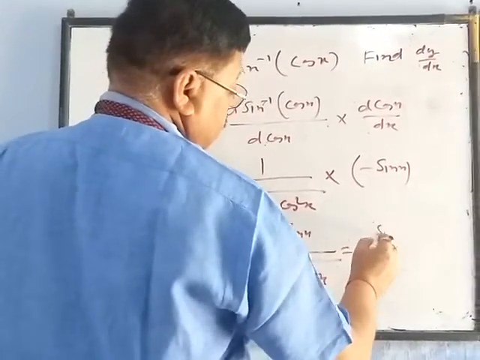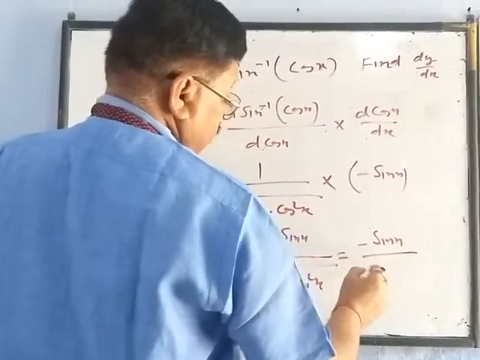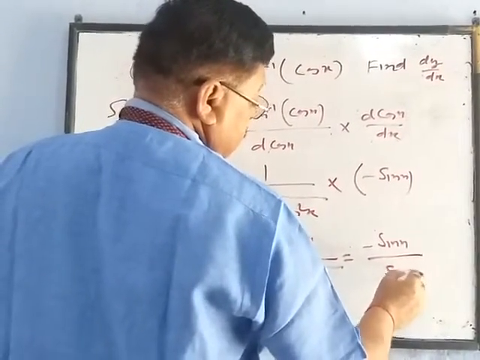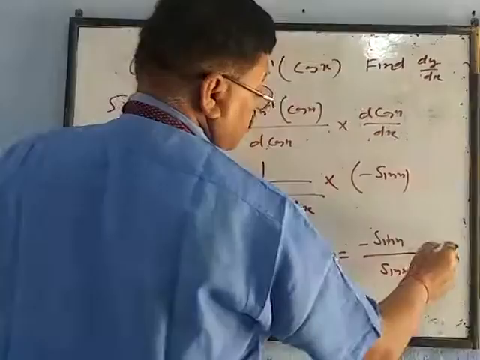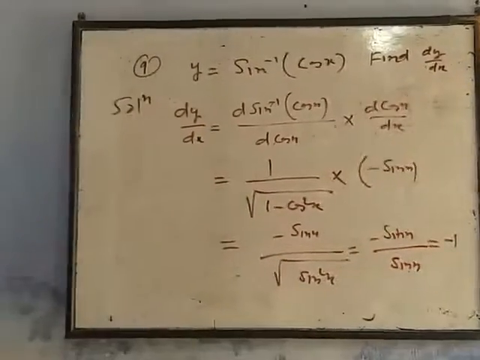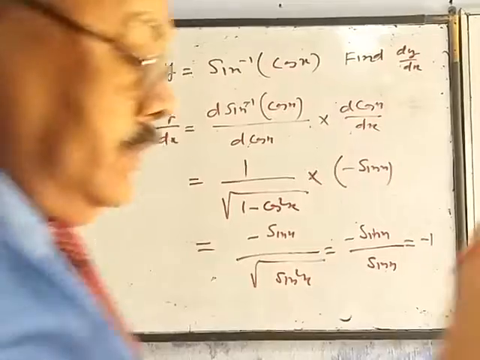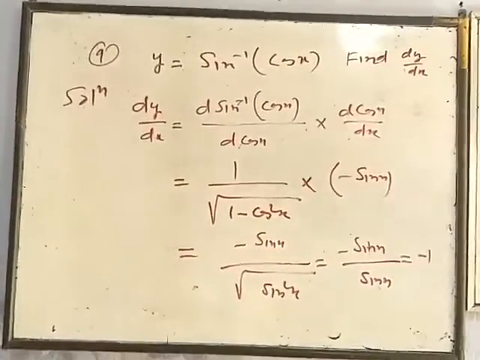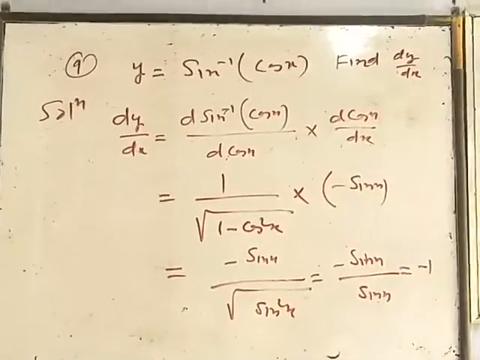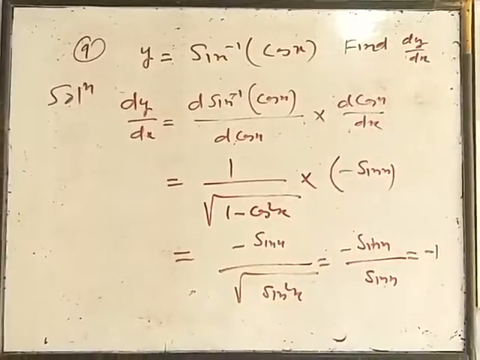So minus sine x by sine x. This will be minus 1. Value is minus 1. So these are the patterns of solving questions. I am taking some easy examples to understand the concept.